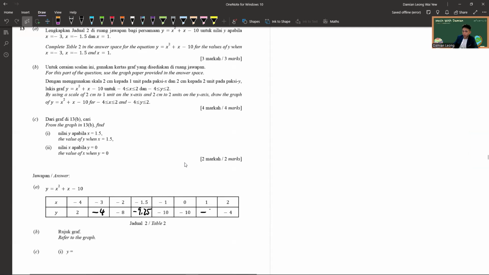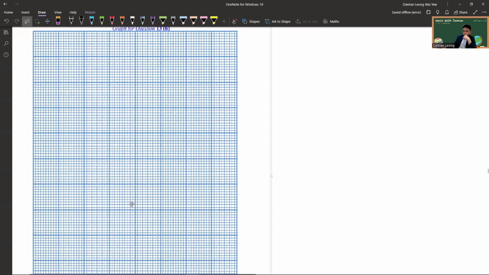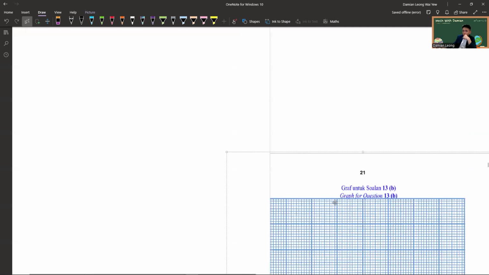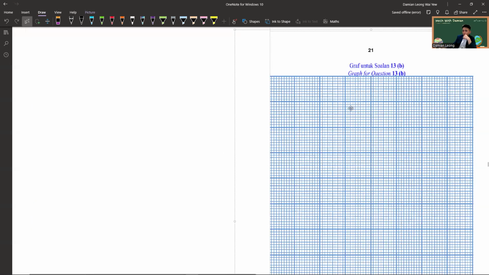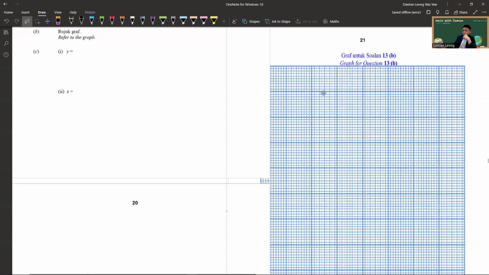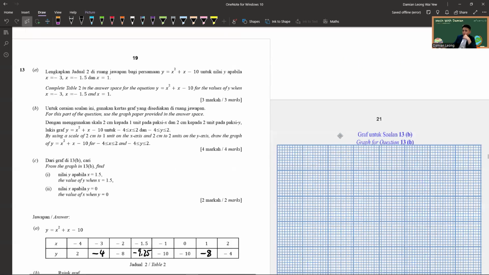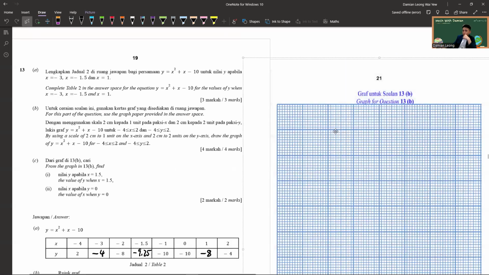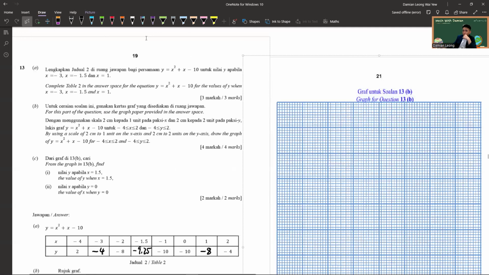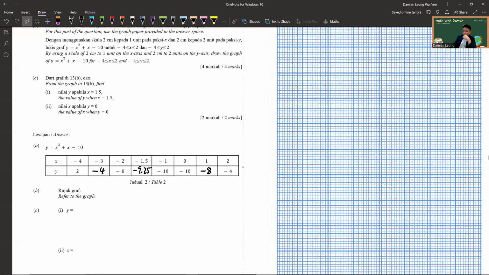Yeah. Then part B, drawing the graph based on this table, basically. Okay, follow the scale given. Let me shift this here. Yeah. So each box 2 cm, 1 unit for x-axis.